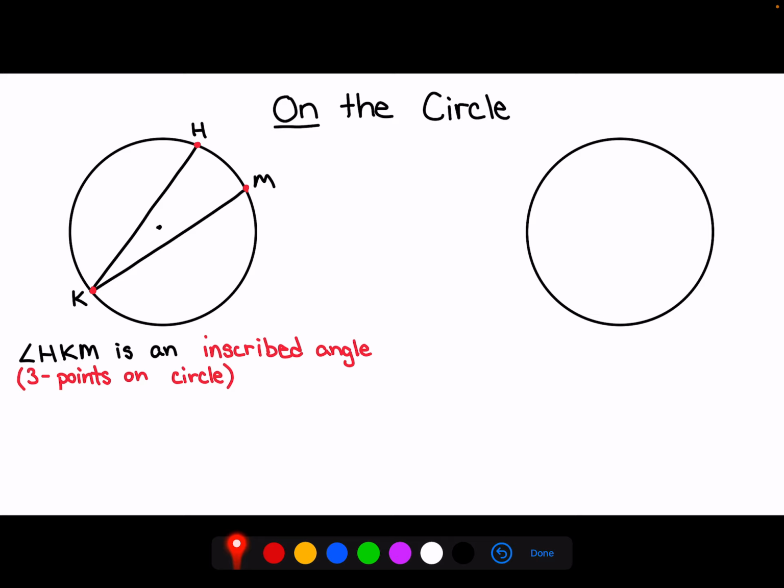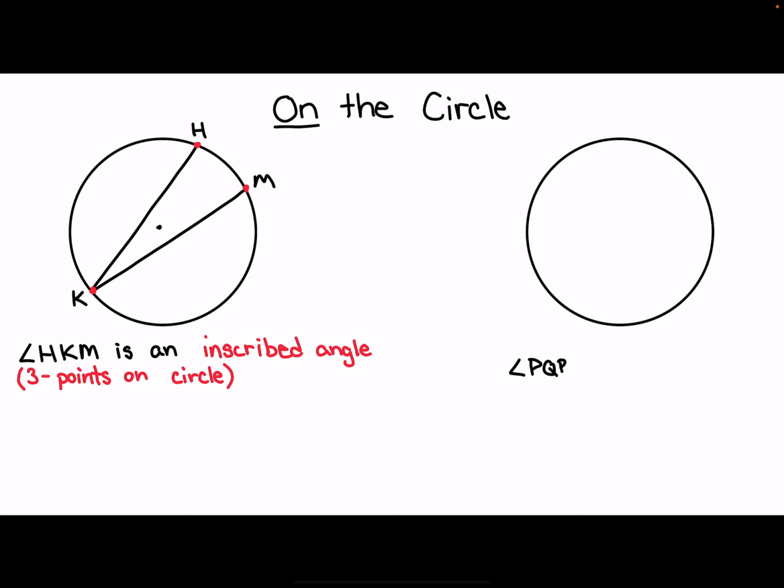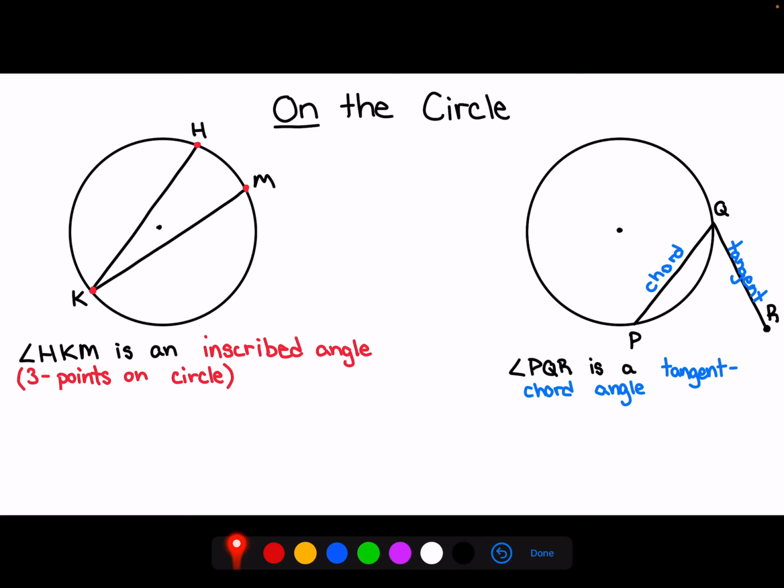The other type of angle that we're going to have is a tangent chord angle. A tangent chord angle is made up of a tangent segment and a chord of a circle. So of course we see the chord and the tangent, but where's the vertex of our angle? Well, the vertex of our angle is on the circle.